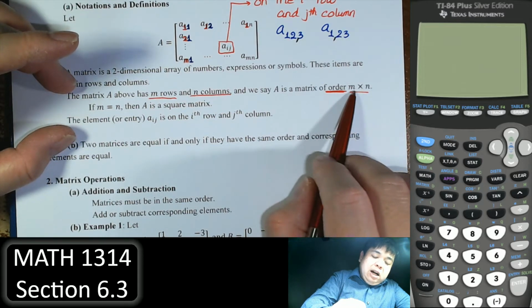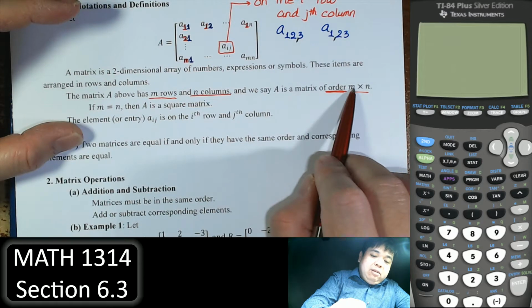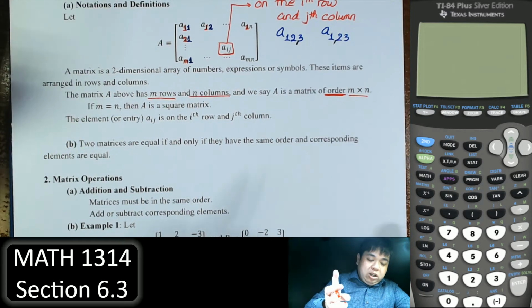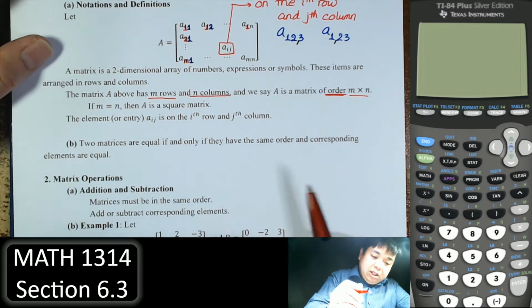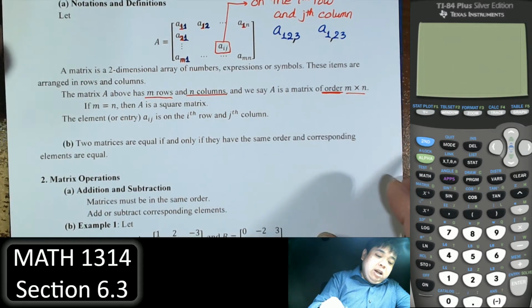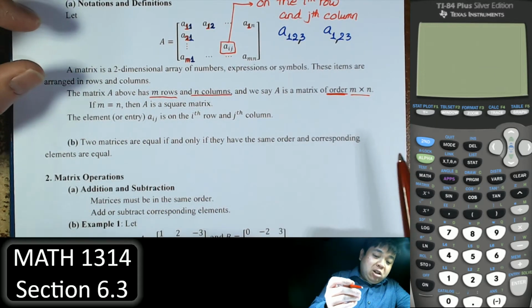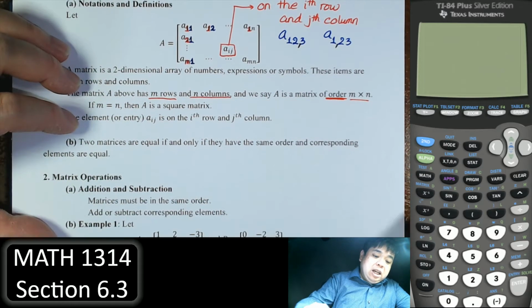It's not multiplied, so m by n means m rows, n columns. The first one is the number of rows, the second one is the number of columns. That gives us the order of a matrix, and they're equal if they have the same order or same dimension and the corresponding elements are equal.